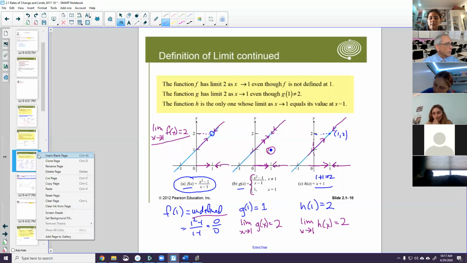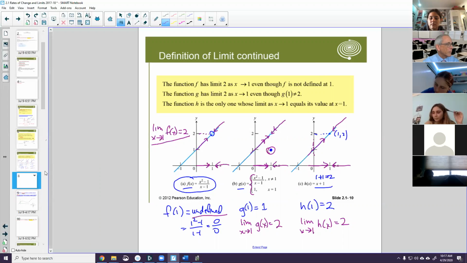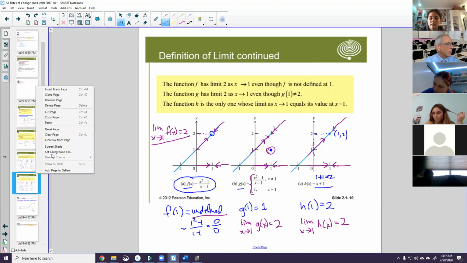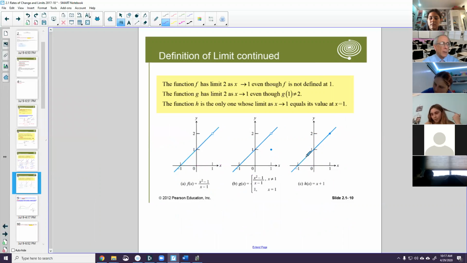duplicate this page so we can clear out some of this ink. Let's clear the ink. Okay, great. This one here is the only one that's a polynomial. It also happens to be a line, but it's also a polynomial. And we found that as x approaches 1, my y approached 2.